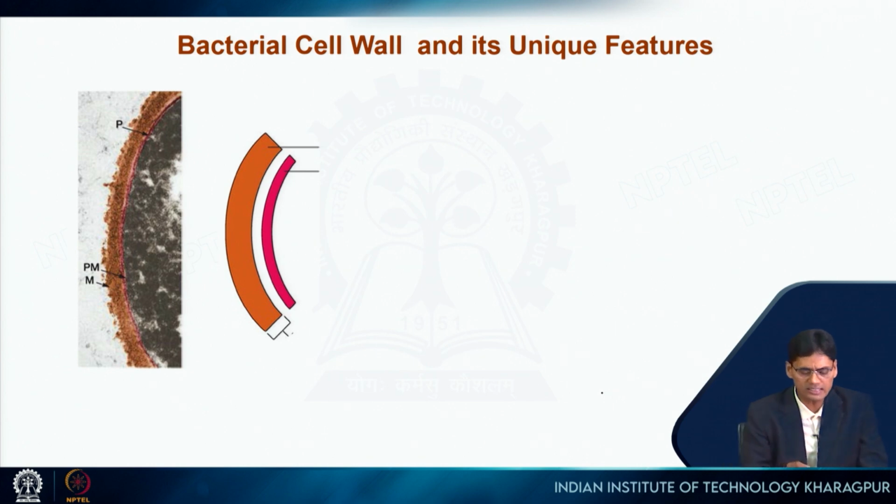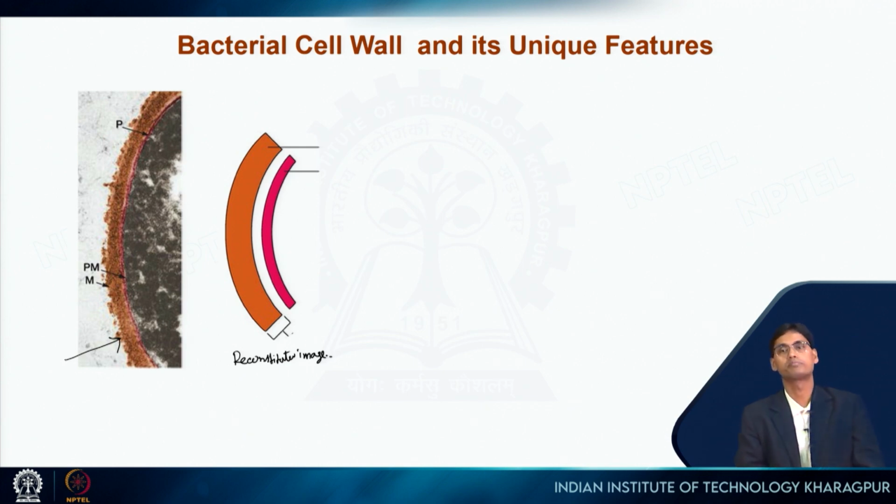So as you can see here, this is some kind of electron micrograph. This is a bacterial cell, and here this is more like a reconstituted image, so that it will be easy for us to understand.